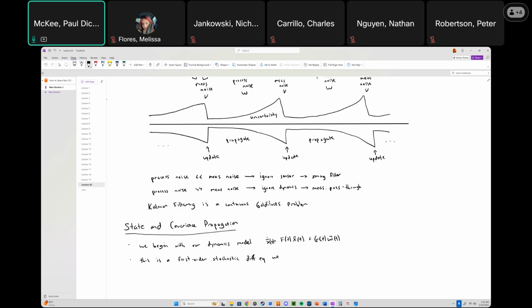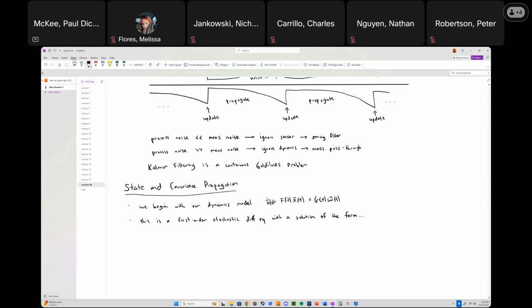And we can solve it, or we at least know it has a solution of the form x of t is equal to phi t, t naught, x of t naught, plus the integral over time from some initial time to the current time of phi t, epsilon, g of epsilon, omega of epsilon, d epsilon, where this first term is just simple dynamics and this second term is what accounts for noise.